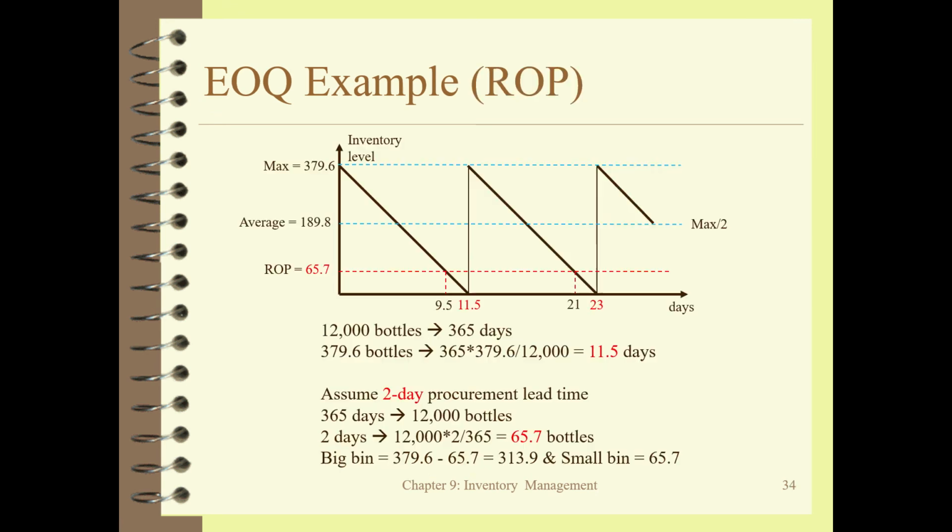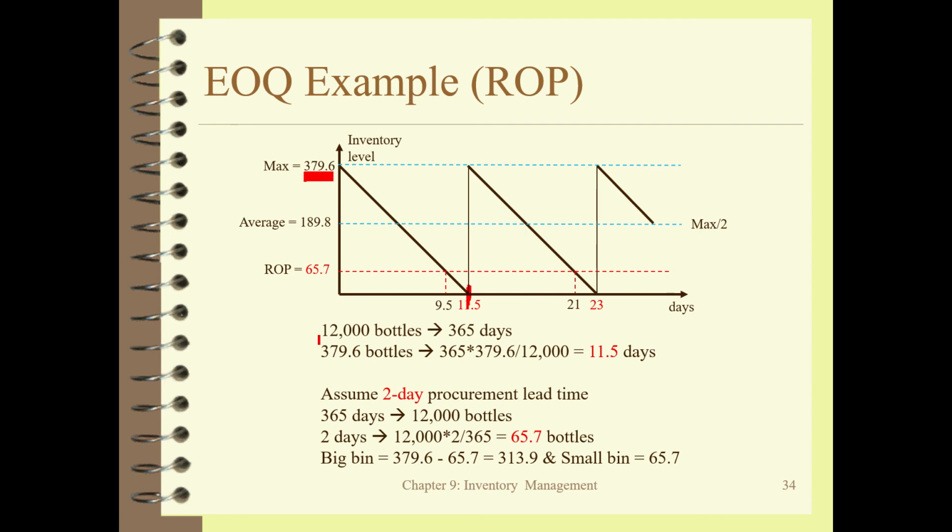Okay, quite simple. So if you want to draw the picture, whenever you order 379 items, we then need to find this point, the day that the inventory will be reduced to 0.